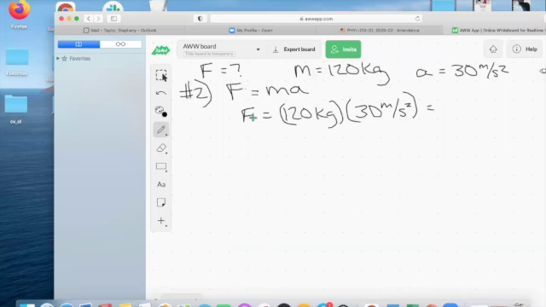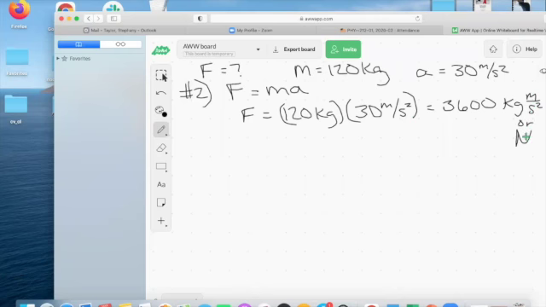120 times 30 is 3,600. We have kilograms times meters per second squared; you're multiplying these SI units times each other. Kilogram times meters per second squared is also known as a newton.